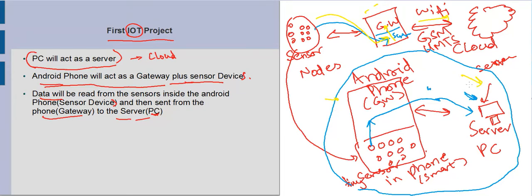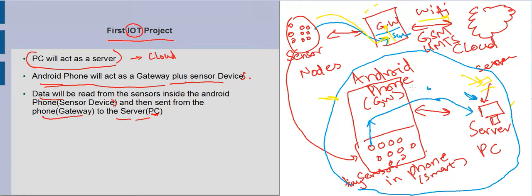So you can make a server on your computer, and you can develop a client app on your Android phone, which is going to read the sensor values from more than one sensor or only one sensor device, any temperature, pressure, accelerometer, gravity, orientation, proximity, whatever. This app is going to read those values and also send those values to the server.